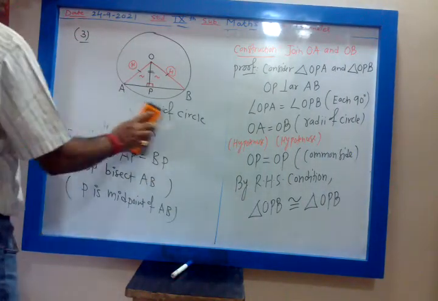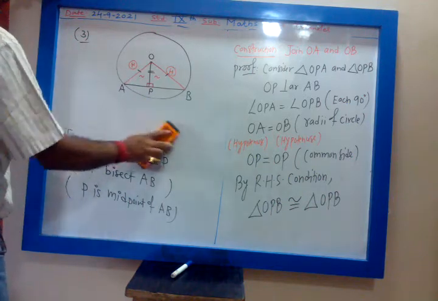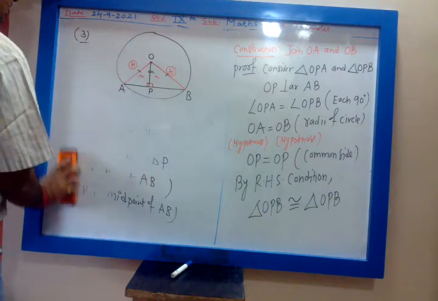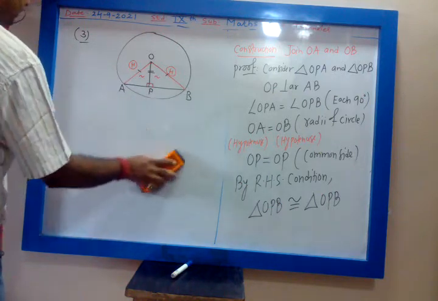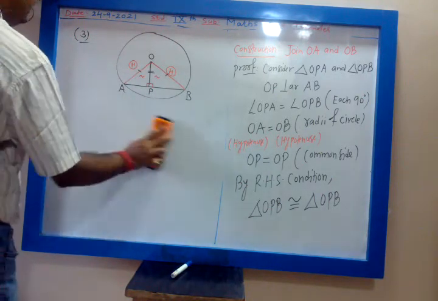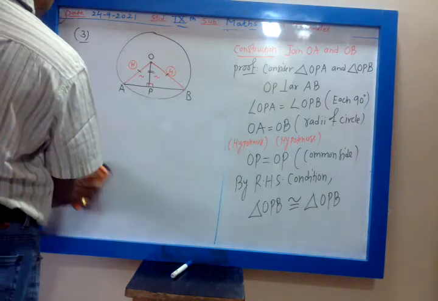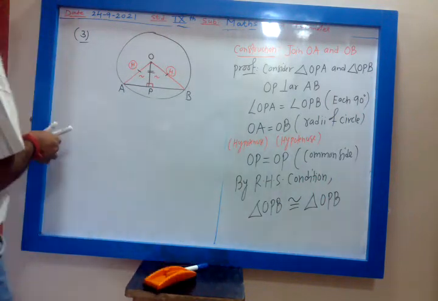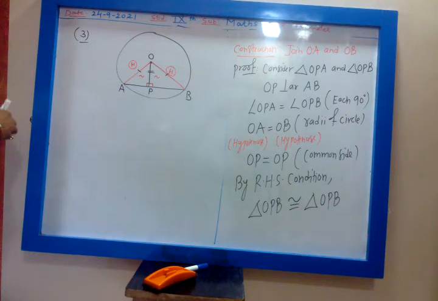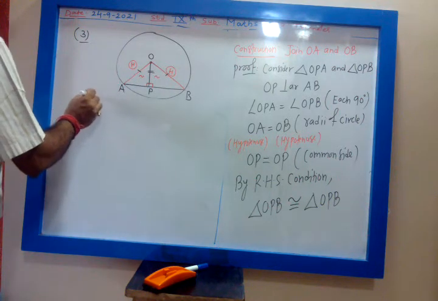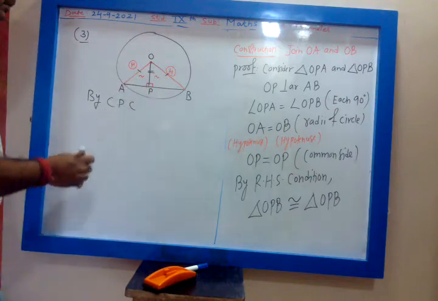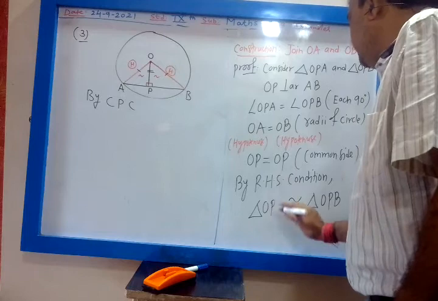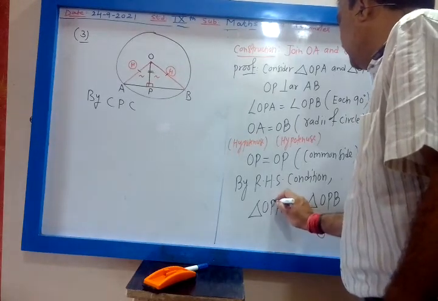If these two triangles are congruent, after congruency of triangles, you have to apply CPCT, congruent part of congruent triangle. So by CPCT, OPA is congruent to OPB, yes.